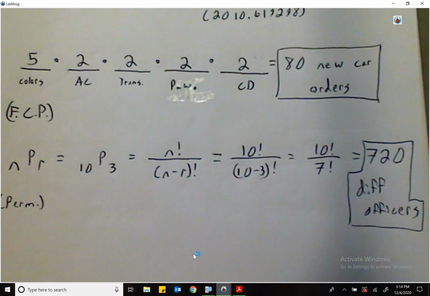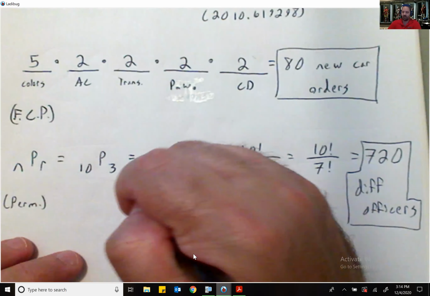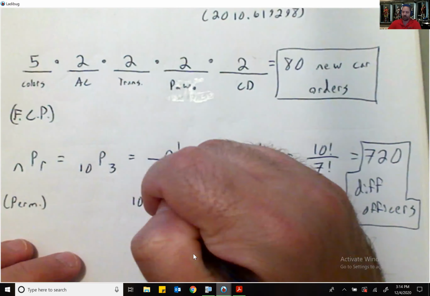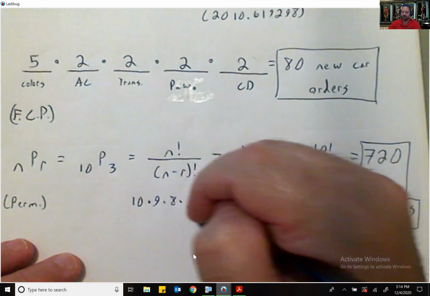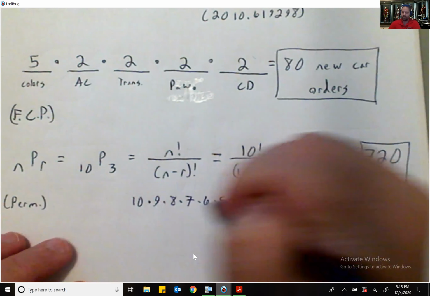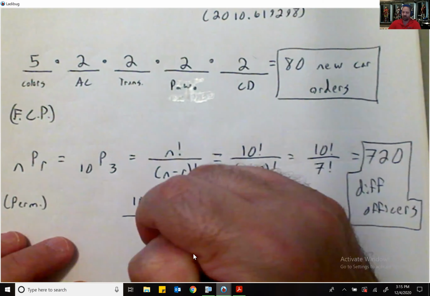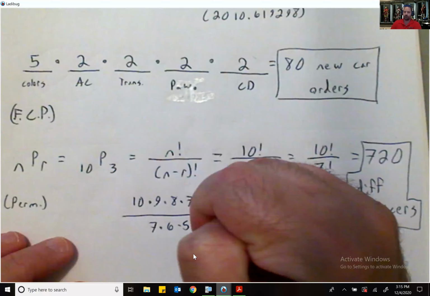And the reason I knew this was 720 is because remember, a factorial means you multiply from the top on down. So 10 times 9 times 8 times 7 times 6 times 5, and so on. 7 factorial would look like 7 times 6 times 5, and so on.